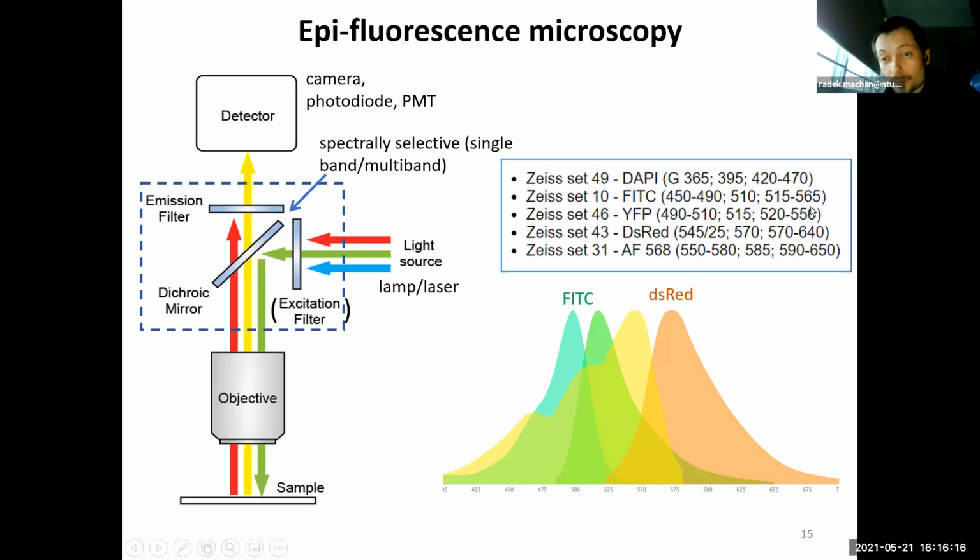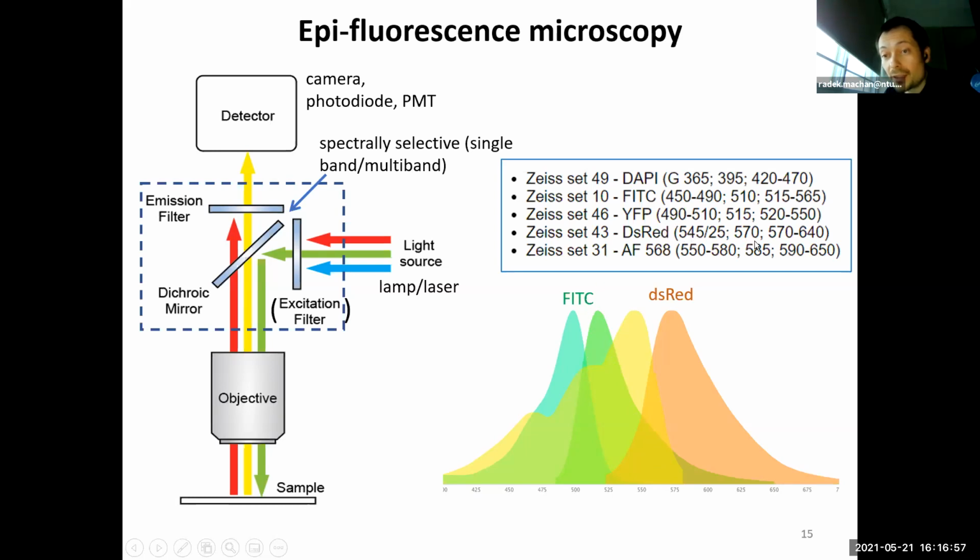Then there is a dichroic mirror, which reflects below 510 and transmits above 510 nanometers, and an emission filter, which transmits from 515, so 515 is somewhere here, to 565. That will allow me to collect most of the fluorescein emission spectrum.